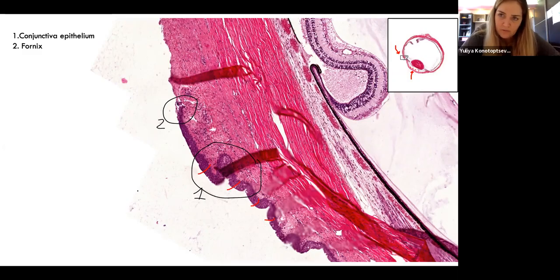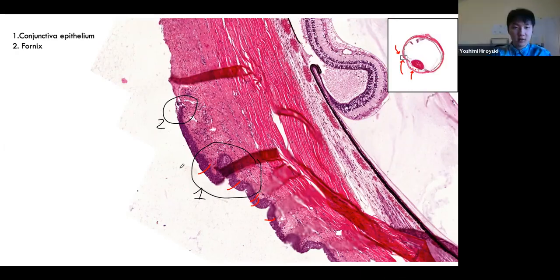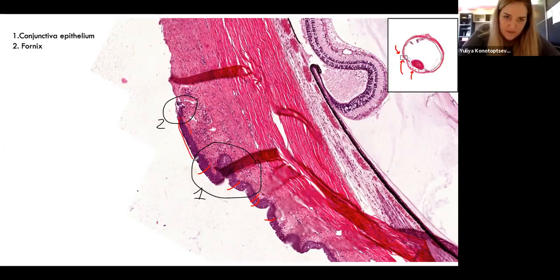Bulbar conjunctiva. Very good. So this entire thing, this epithelium that you see here, is stratified squamous epithelium, maybe even a little bit cuboidal in this region. This is bulbar conjunctiva.